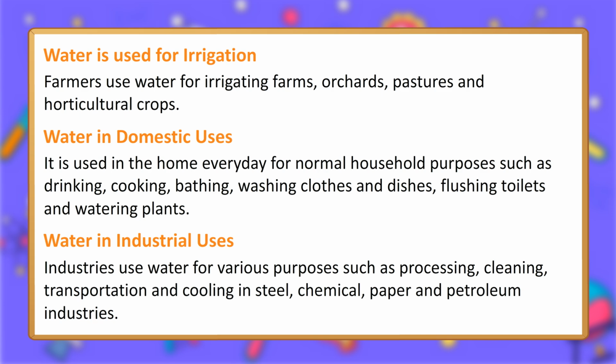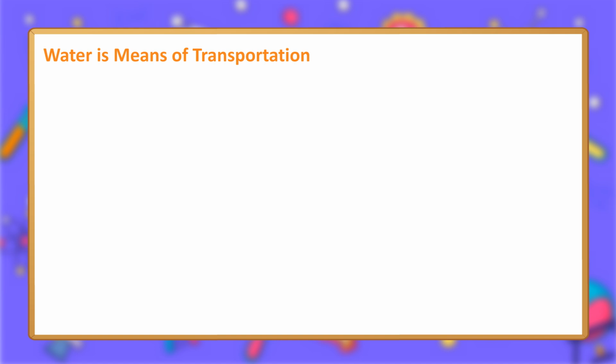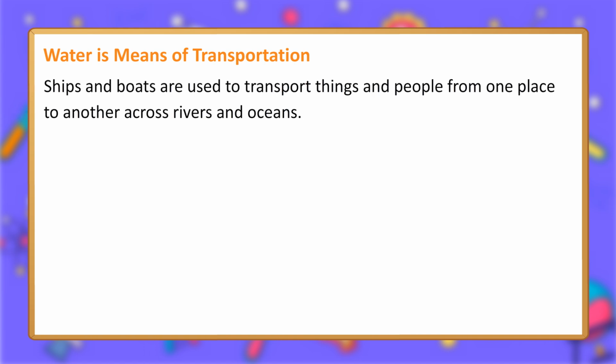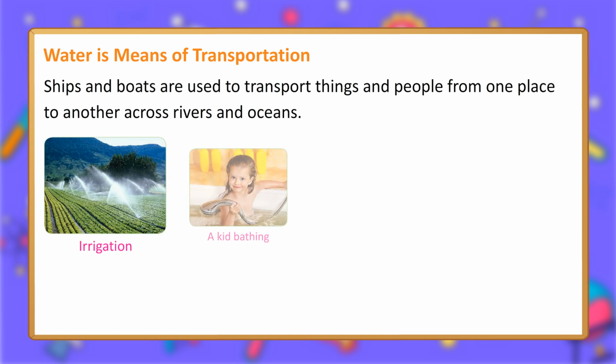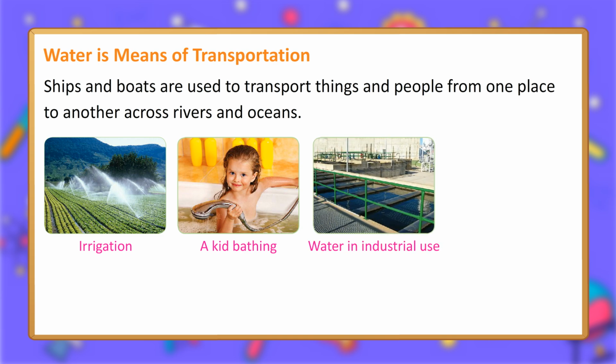Industries use water for various purposes such as processing, cleaning, transportation and cooling in steel, chemical, paper and petroleum industries. Water is means of transportation. Ships and boats are used to transport things and people from one place to another across rivers and oceans. Irrigation. A kid bathing. Water in industrial use.